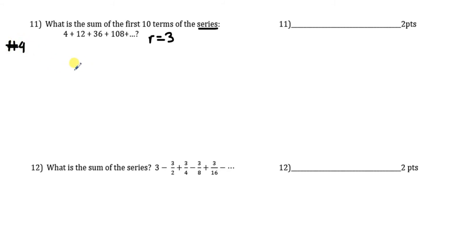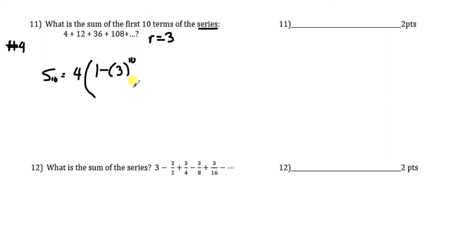And the sum formula, let me just make sure. I think it's 1 minus, let's see, S10 is equal to A1, which is 4, times 1 minus R, which is 3, to the 10th power.